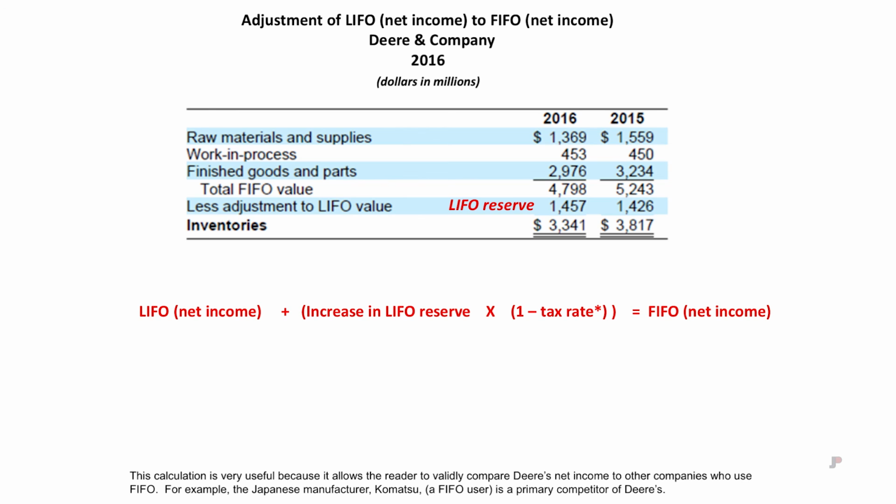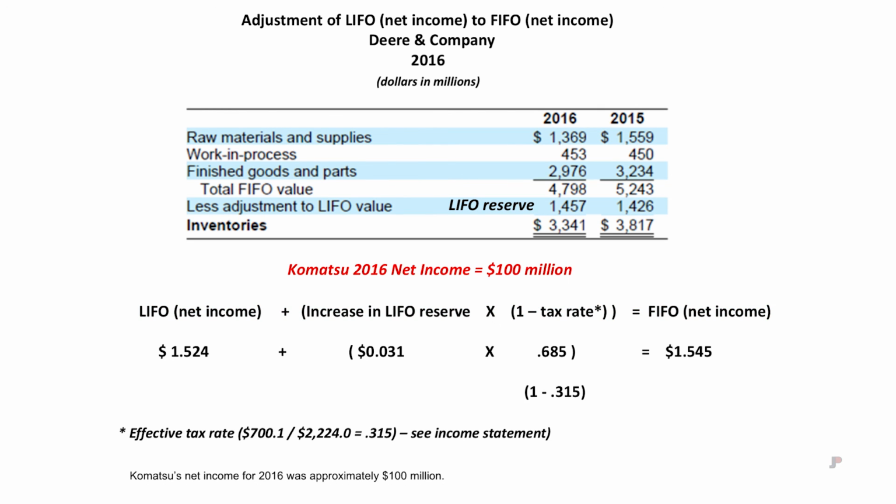This calculation is very useful because it allows the readers to validly compare Deere's net income to other companies who use FIFO. For example, the Japanese manufacturer Komatsu, a FIFO user, is a primary competitor of Deere's. Komatsu's net income for 2016 was approximately $100 million.